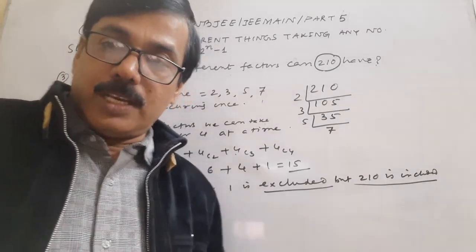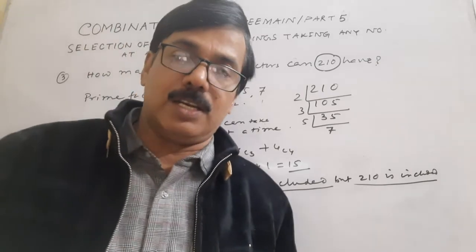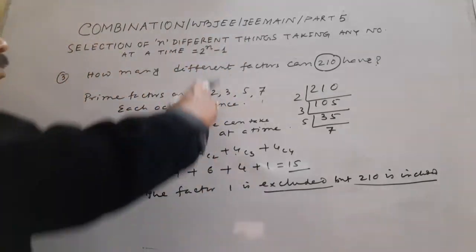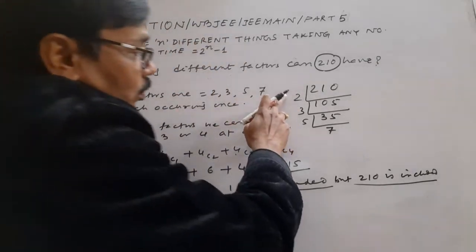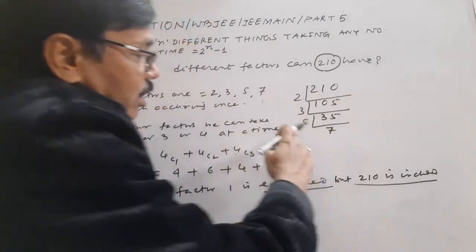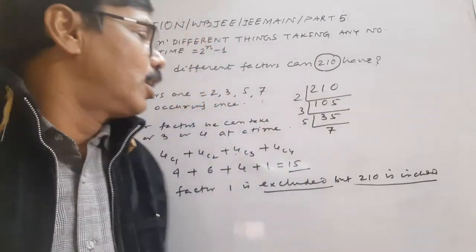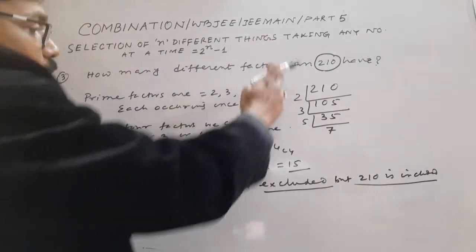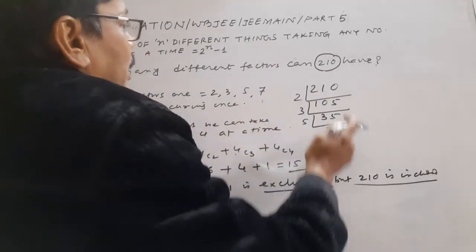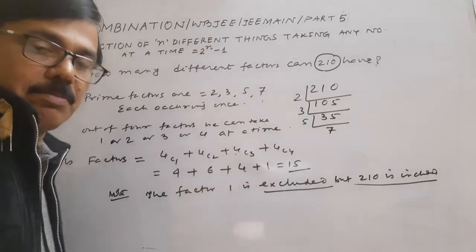In the next class, I will consider the number of factors when the prime factors are repeating. In this class, we are considering only different factors.